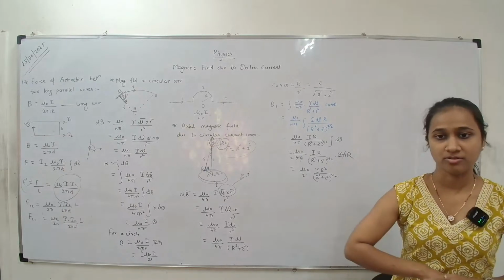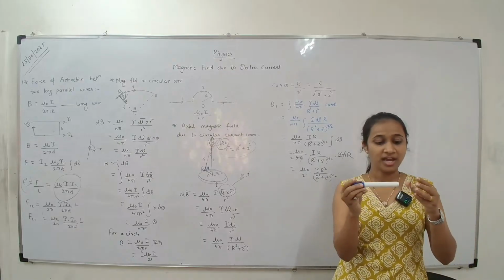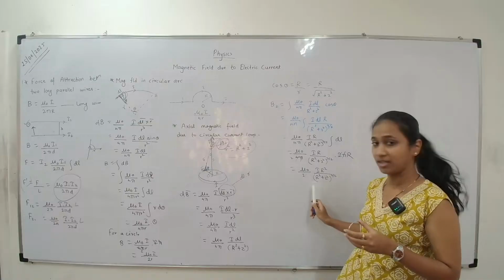So it can also be like circular loop है, and this horizontal is your axis. या axis वरती कुठल्याही पॉइंट वरती तुमचं फील्ड हे असतं.